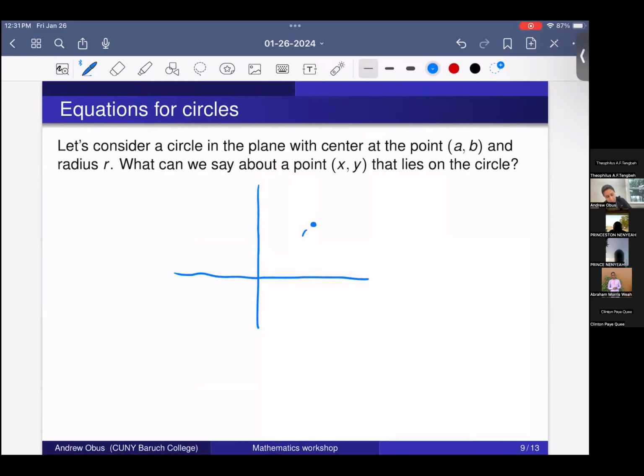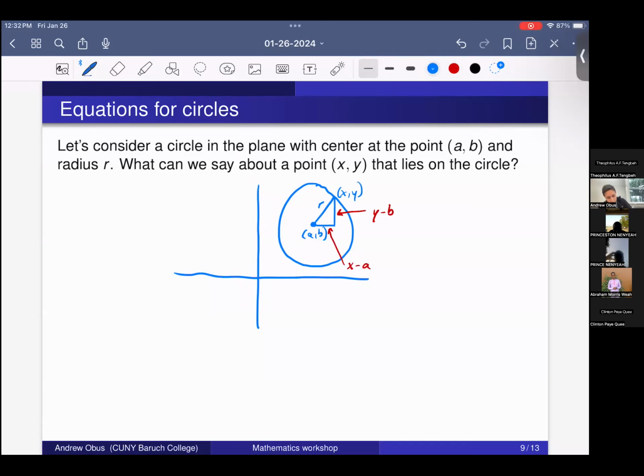So if I have a point here, (a, b), which is going to be the center of my circle, and the circle has radius r, and this is a point (x, y) over here, then this means that the distance from (a, b) to (x, y) is equal to r, right? And if I draw this right triangle, the height change here is y minus b, and the length change to the side here is x minus a.